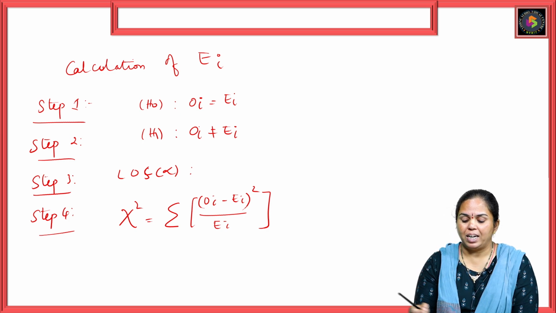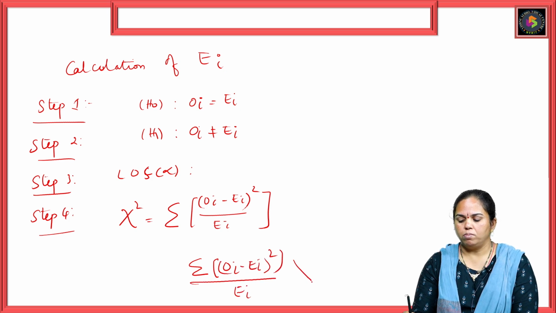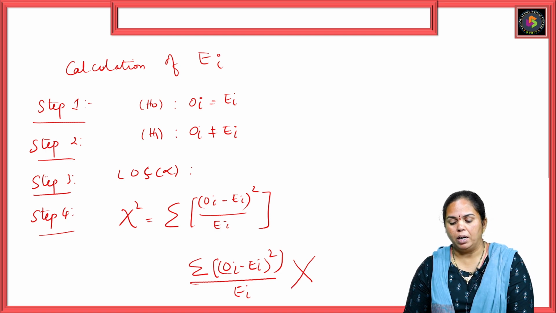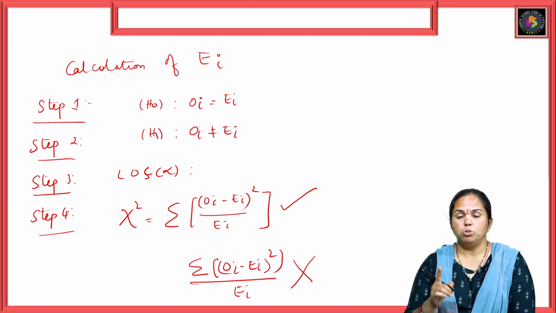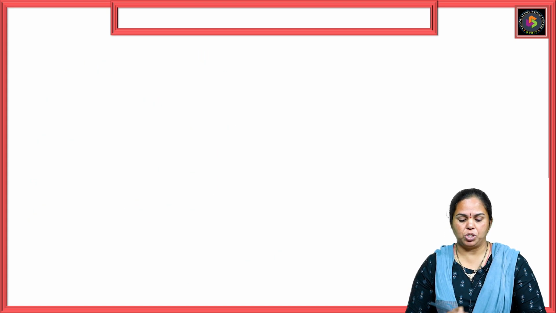They just write it differently. This is a wrong formula. This is the correct formula. So have a clear picture of which formula you are using whenever you are solving the chi-square distribution.